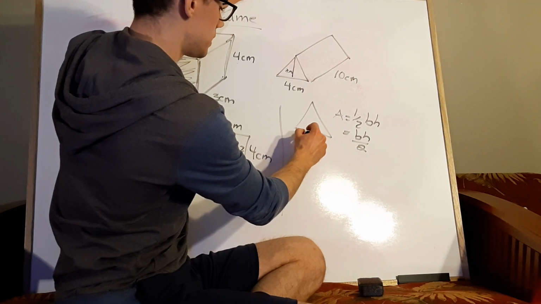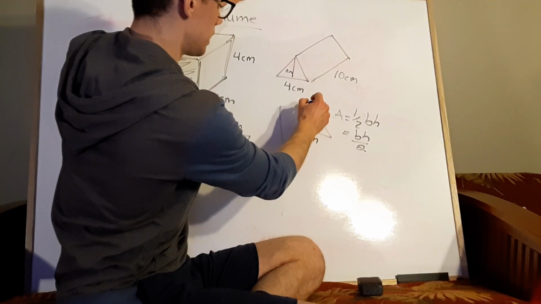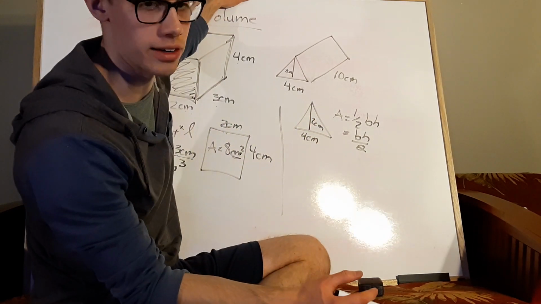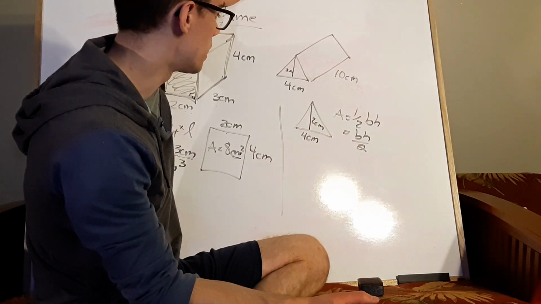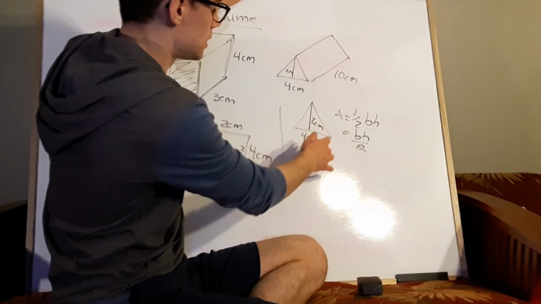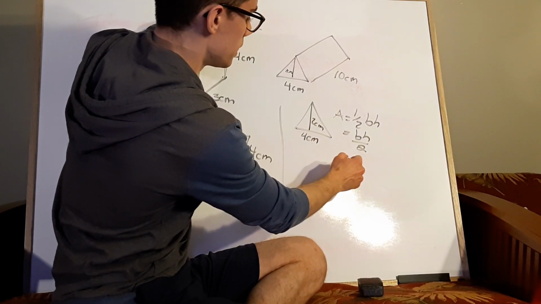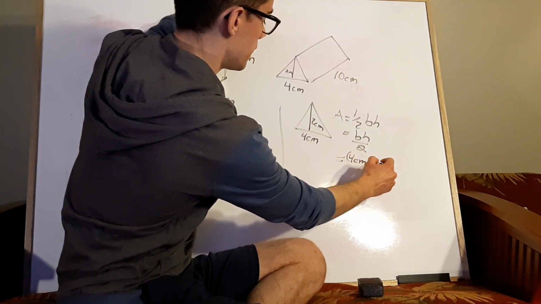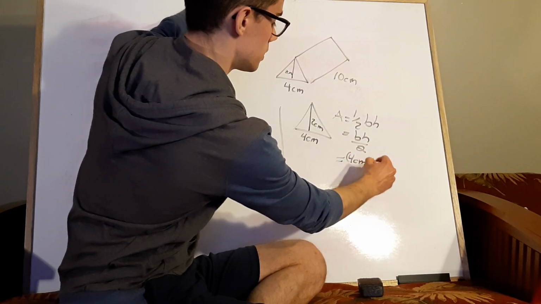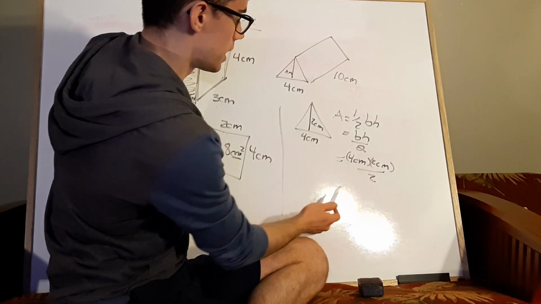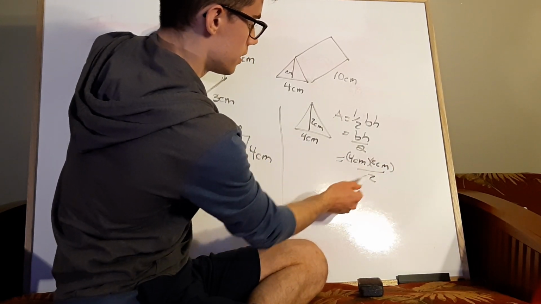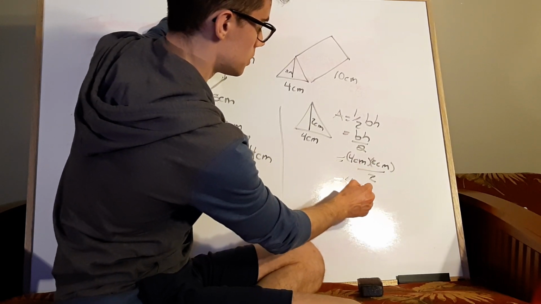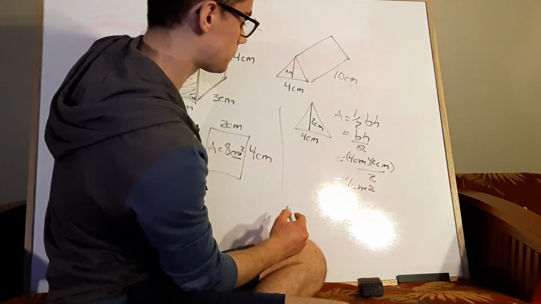And because the base is 4 centimeters and the height is 2 centimeters. Now maybe my picture isn't very accurate. I could have drawn it better. But if we assume that this is the picture, our area will be base, which is 4 centimeters, multiplied by height, which is 2 centimeters, divided by 2. We can actually see nicely that the 2 and the 2 divide to just leave us with 4, but keep in mind that we still have centimeters times centimeters, so that's centimeters squared.